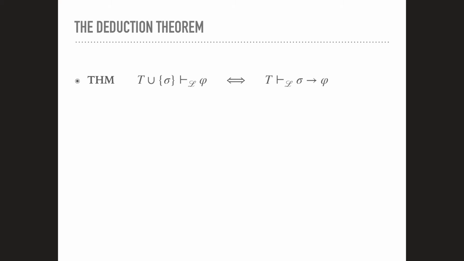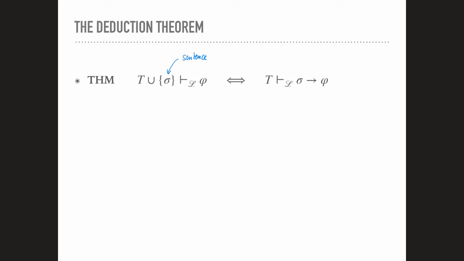So the theorem is, if T union sigma, where it's important here that sigma is actually a sentence, phi can be any formula, but sigma has to be a sentence. So if T union sigma proves phi, that is equivalent to T proving the implication sigma implies phi.